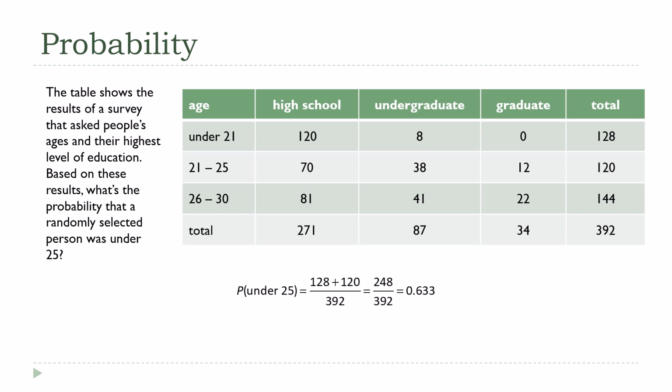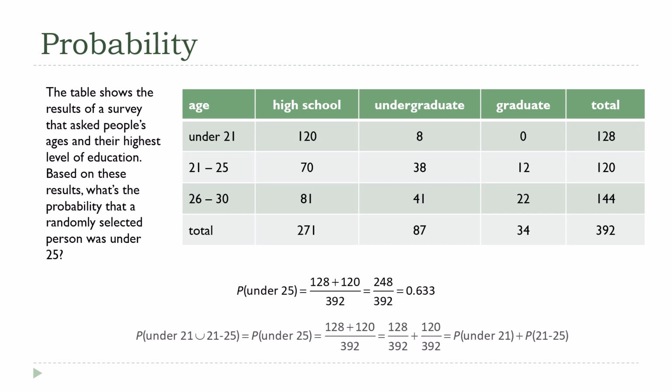Now, I want to look at this in a little more detail. Under 25, we can think of as being either under 21 or 21 to 25. And that is the same as under 25. So that is going to equal that fraction, 128 plus 120 over 392.